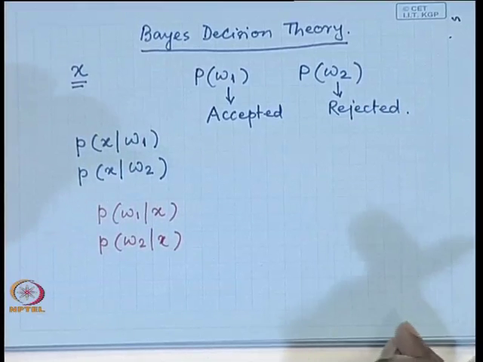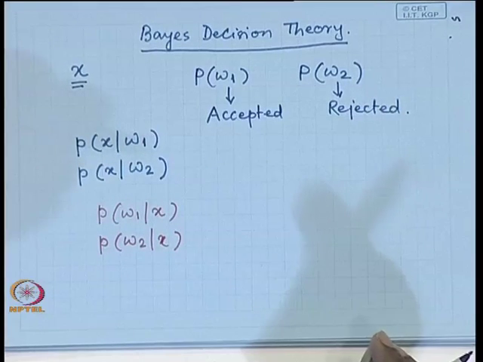These are the two probability measures which we call the posteriori probabilities. Based on these two, we have to decide whether the object is to be classified to class omega 1 or to class omega 2.